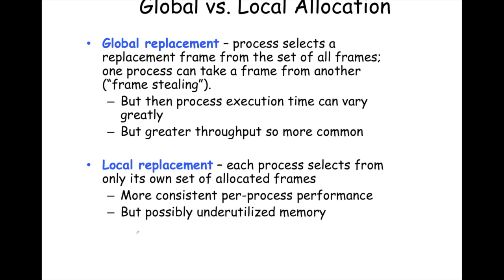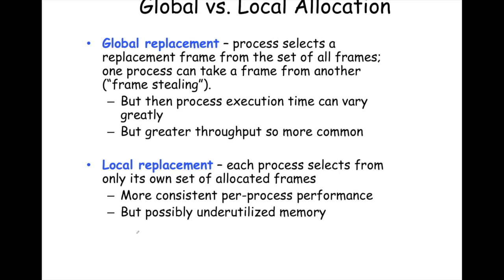Okay, and so there are also different schemes or scopes by which you can do your replacement. You can replace pages globally, meaning that you select a victim frame from the set of all frames. So they could be from other processes.